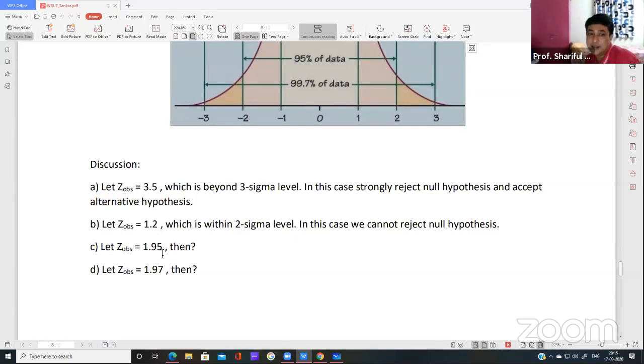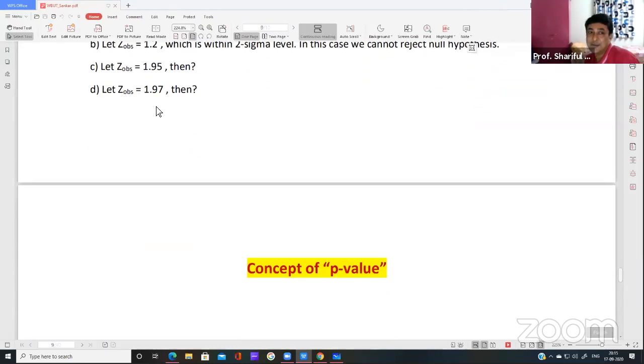But in this kind of case, let the observed Z be 1.9 or 1.97, around the 95% level. So whether we'll accept or reject? Suppose I accept this.